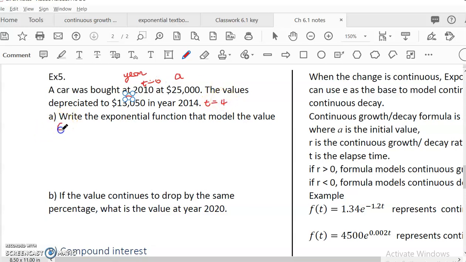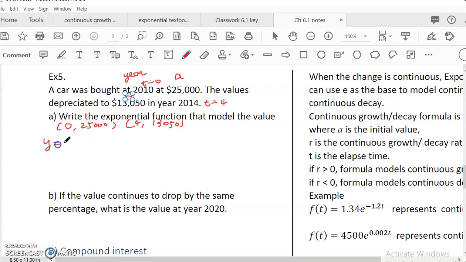You can imagine yourself having a point 0, 25,000 and then a 4, 13,050, right? So you just solve it as we did before. This is our a.